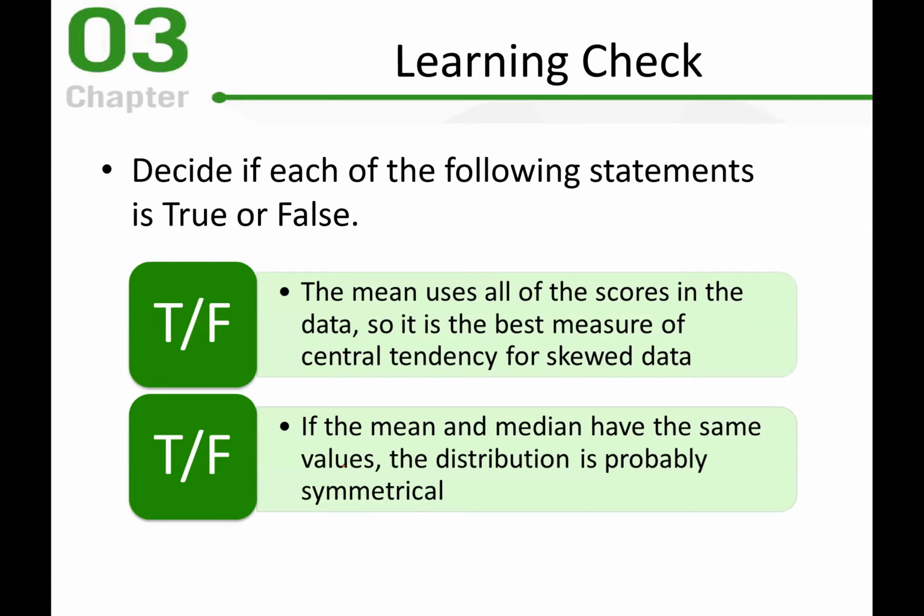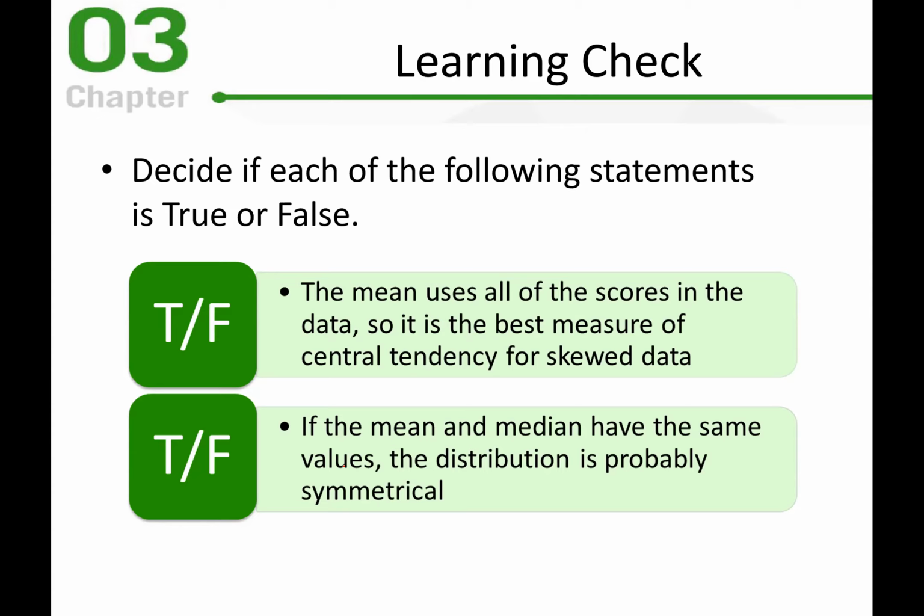Well, we just went over this: if you have skewed data or extreme scores, the mean is not the best measure of central tendency to use because it is highly influenced by extreme scores and skewed data. So that would be false.